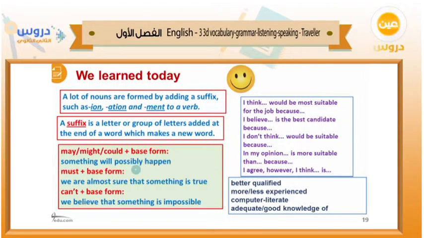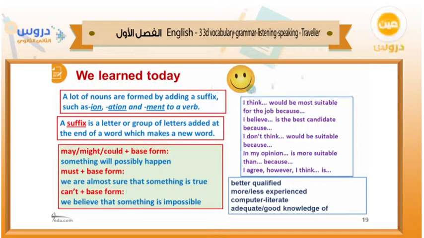You must obey your father. You must not cross the traffic light when it's red. And finally, can't, and any present verb when we believe something is impossible. You can't cross a highway. There's no place to cross the highway. There are too many fast cars, or you get yourself killed.